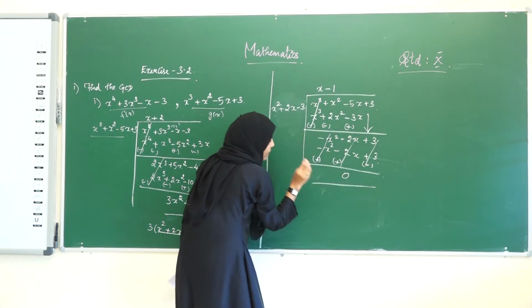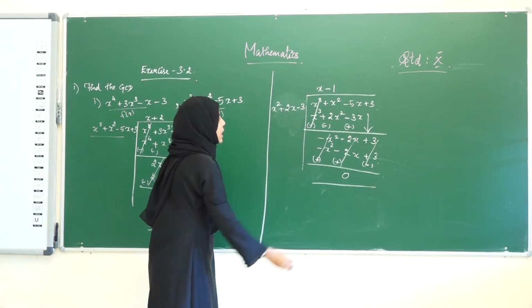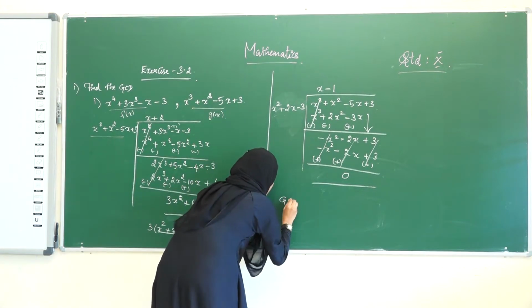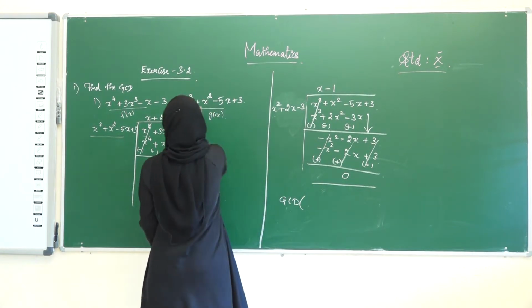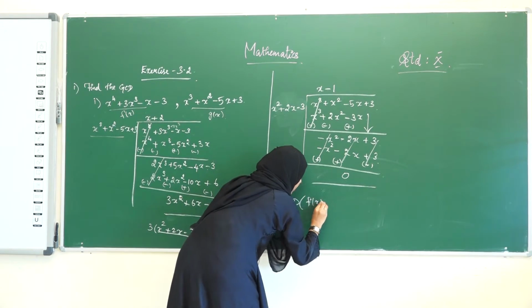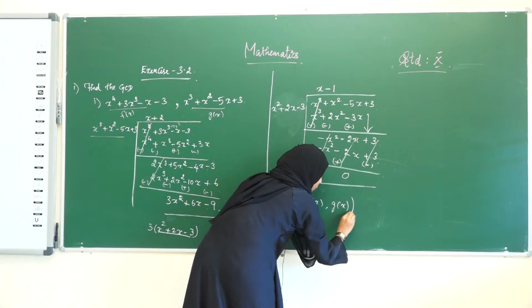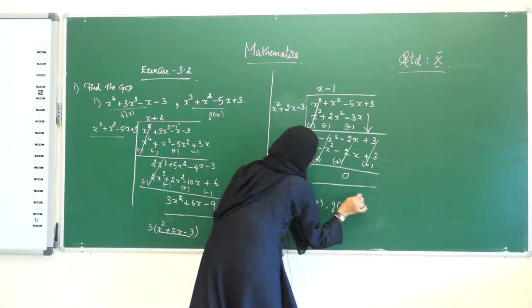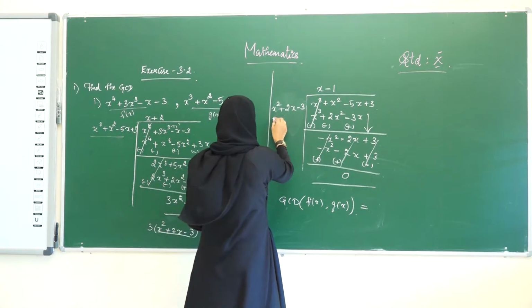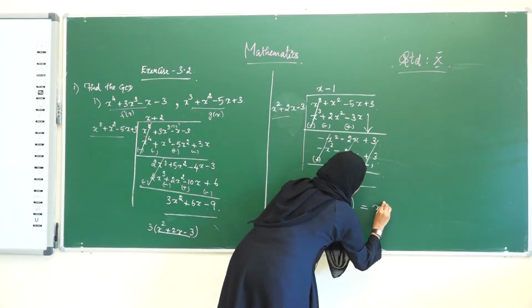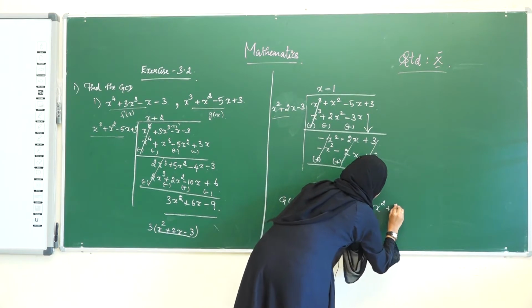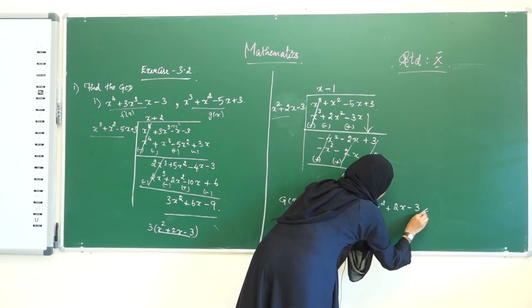So the remainder will be 0. Successfully we got the remainder as 0. Therefore the GCD of f of x and g of x is x square plus 2x minus 3.